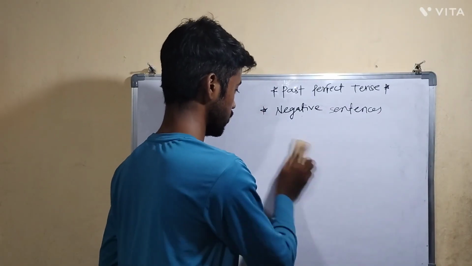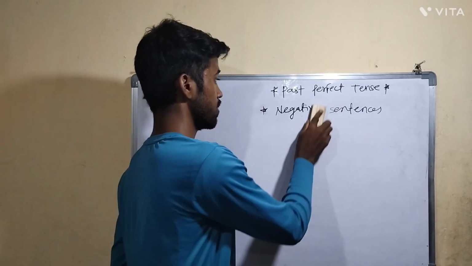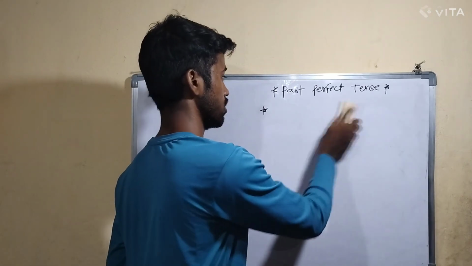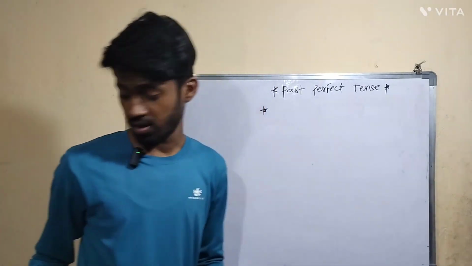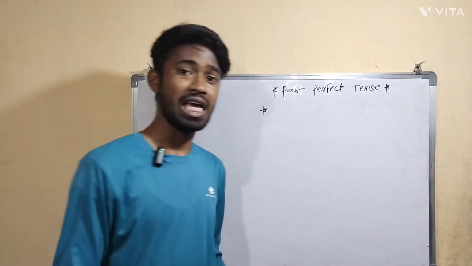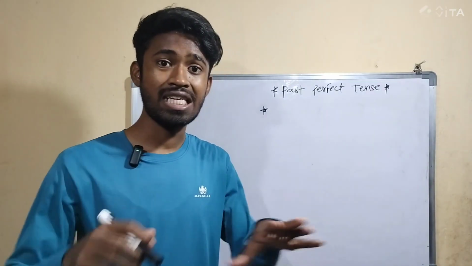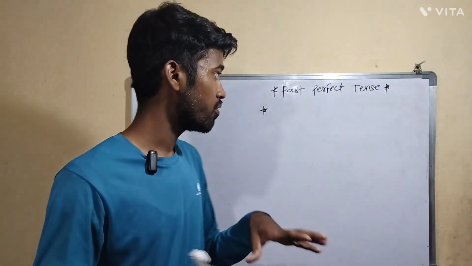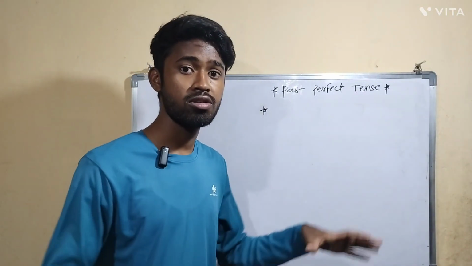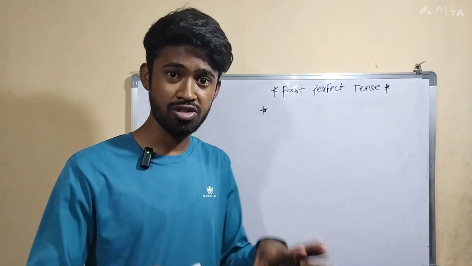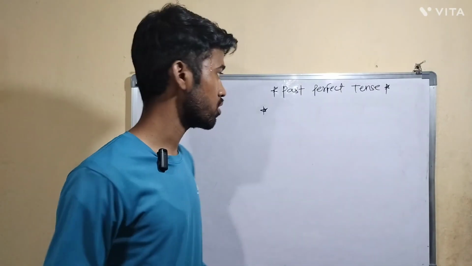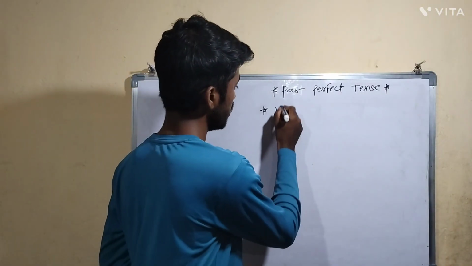Even questions are sentences. In upcoming videos we will see the types of sentences: what are the questions, the affirmative sentences, the exclamatory sentences, everything we are going to cover.